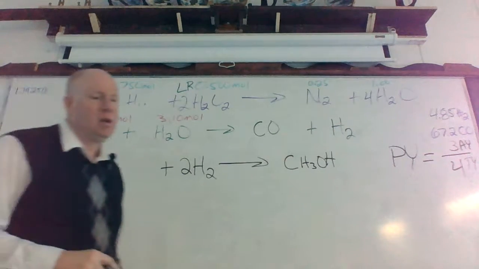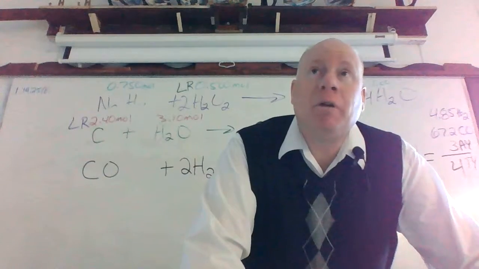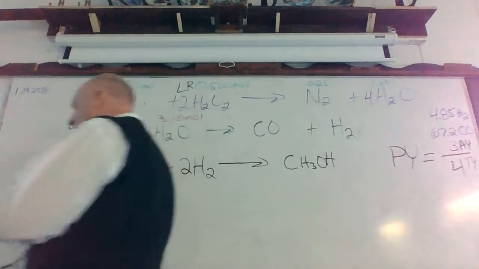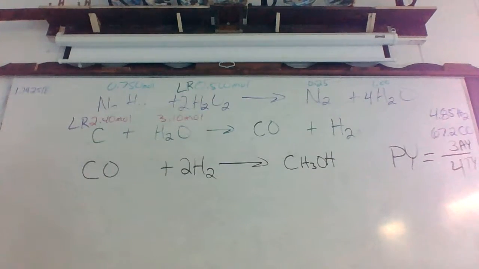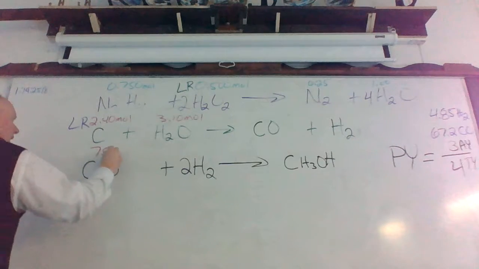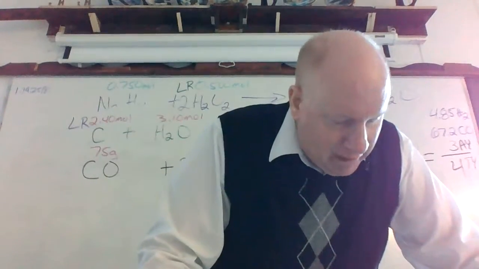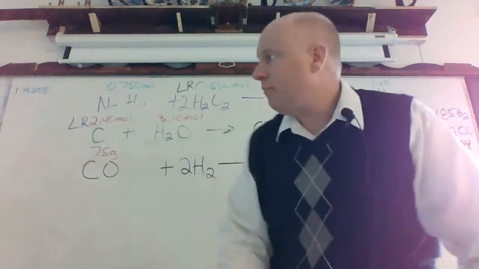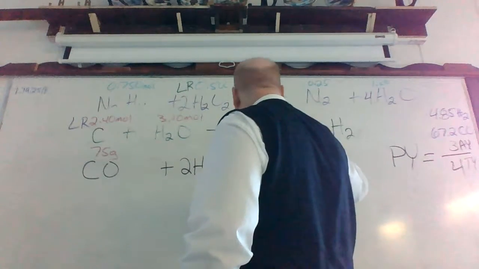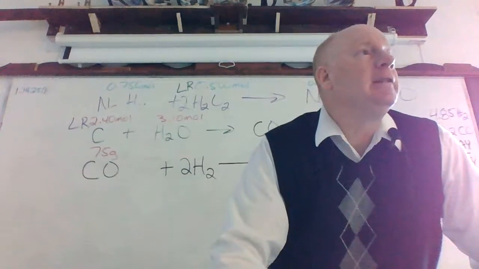It says if 75 grams of carbon monoxide reacts to produce 68.4 grams of methanol, what is the percent yield?